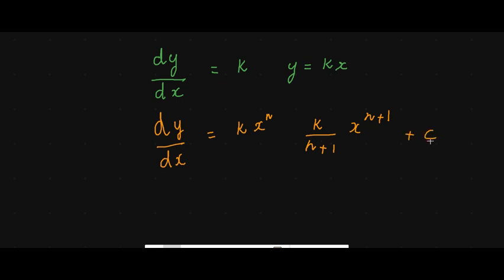Remember the formula that I gave you. I'm just applying the same formula. So I'm going to put k by n plus 1 times x to the power of n plus 1 plus c.